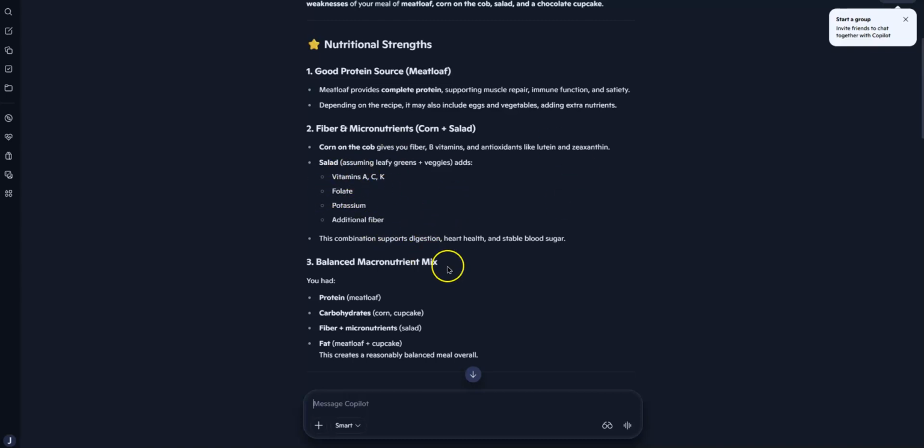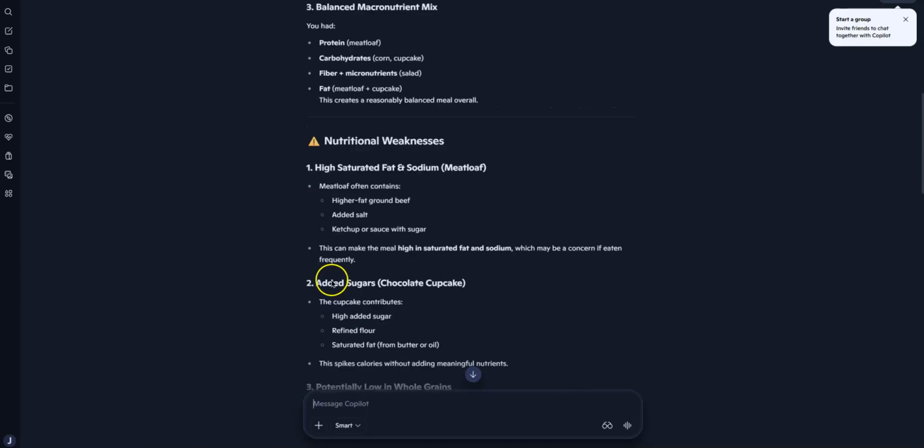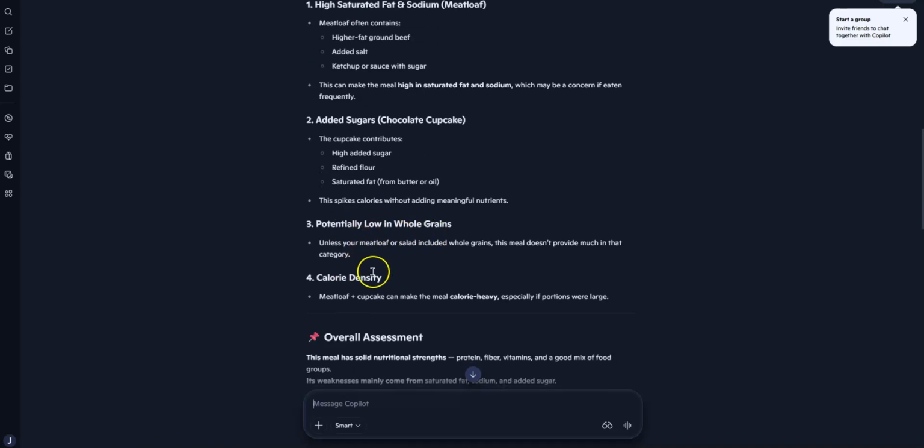So you can write all that in there. And then the weaknesses were, we go down to here, it's got high saturated fat and sodium in the meatloaf. There's sugar and refined flour from the chocolate cupcake. We don't have a lot of whole grains. It's pretty dense in calories.